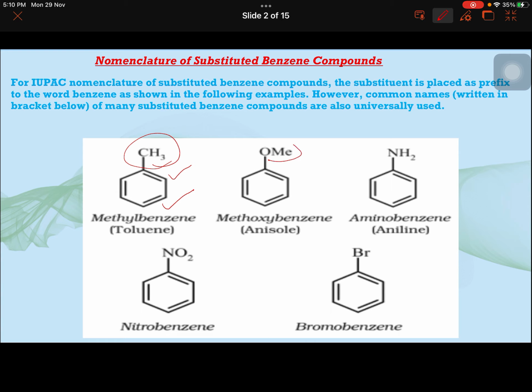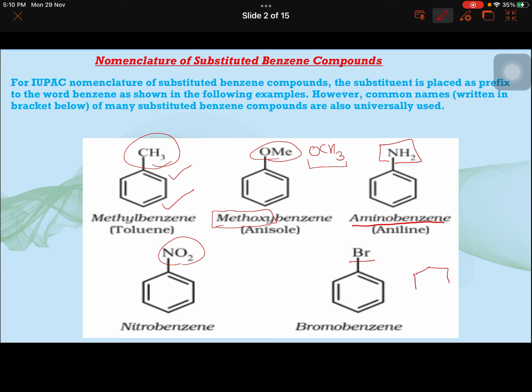Here it is OMe. OMe is OCH3. For methyl, they have written Me. So if it is with oxygen, we call it methoxy. So the name of the compound becomes methoxybenzene. Here it is NH2 group, amino group, aminobenzene. And you have NO2 group, which is nitro group, so nitrobenzene. And then this is bromobenzene.